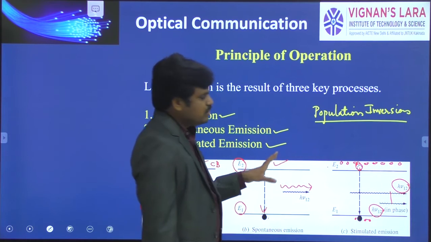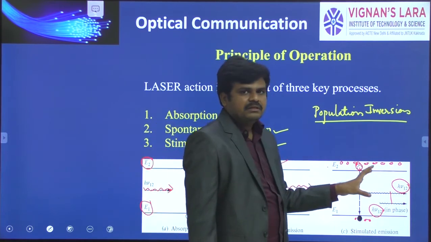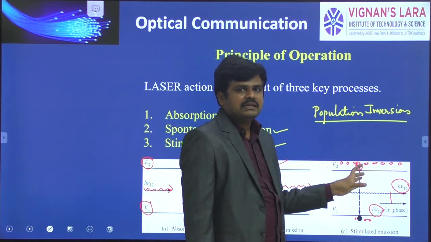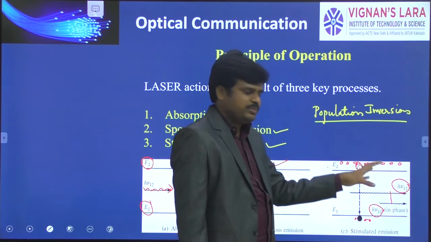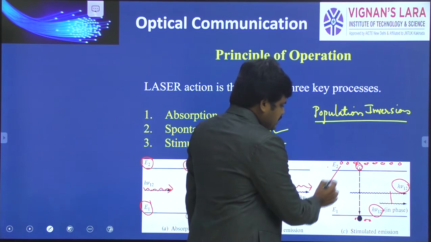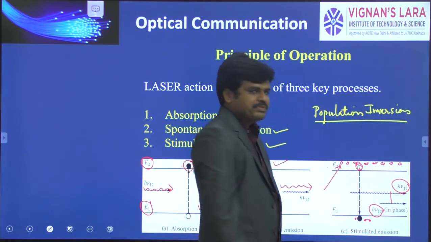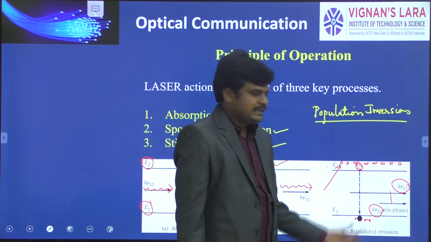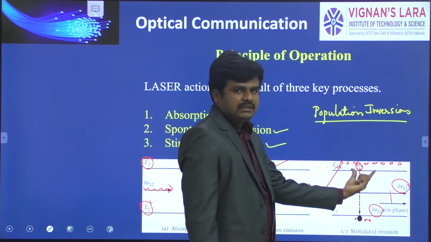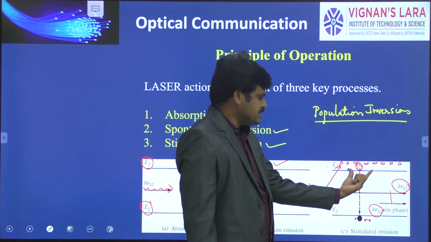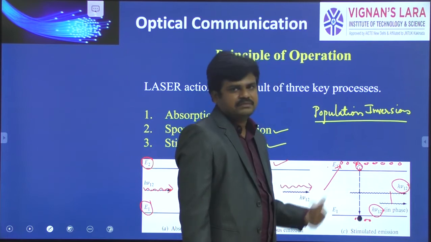So in this case, another external photon energy or voltage or temperature should be applied to the electrons present in the higher energy state, so that those electrons will jump from higher energy state, say E2, to E1.